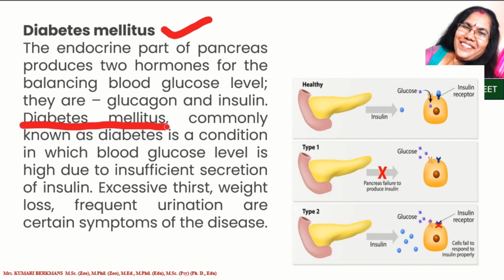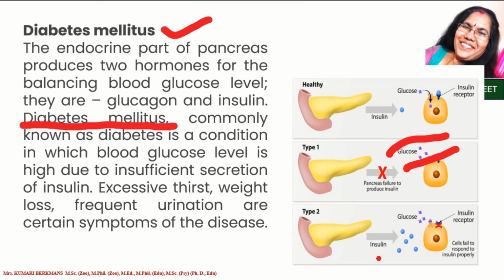In it, the glucose level is high due to insufficient secretion of insulin. See, this is the normal secretion: the insulin is coming and the glucose will be absorbed by the cell. Here the pancreas has failed to secrete insulin, so the glucose level in the blood is increased. So this person is susceptible to diabetes mellitus.